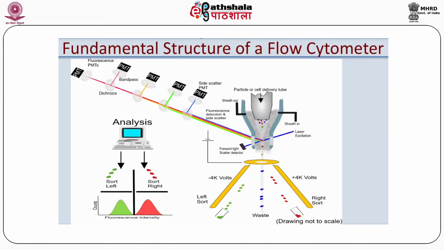The laser beam excites these particles, and the scattered light in the forward scatter is collected by the optical detector, and the side scatter by the PMTs as shown. And different fluorescent lights are collected by the mirrors and detected by the detectors, the photomultiplier tubes as shown.